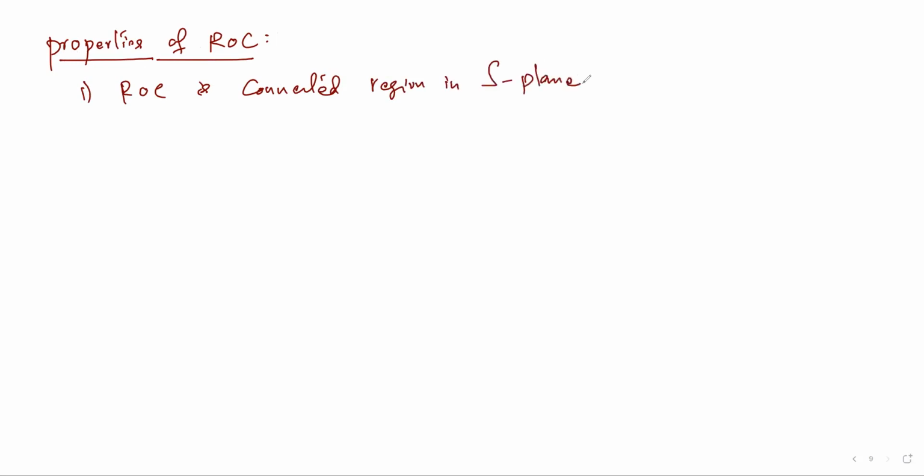Properties of ROC. The first property is ROC is a connected region in S-plane. Second, ROC should not contain any pole.